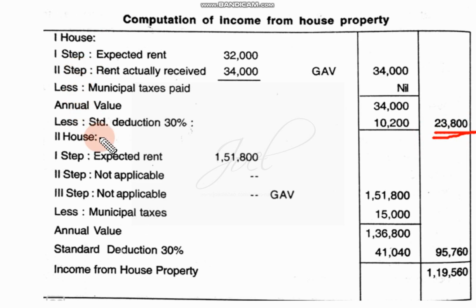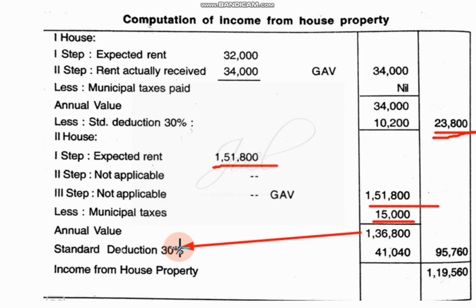When it comes to the second house, expected rent is 151,800. I told you the second step is not applicable. Even if we consider that, 151 is the highest value, so that is the amount we have to consider. Municipal taxes are given in the problem, that we are going to deduct. We arrive at the annual value. On the annual value, 30% standard deduction is to be considered.